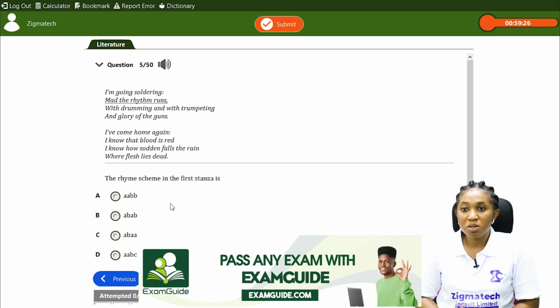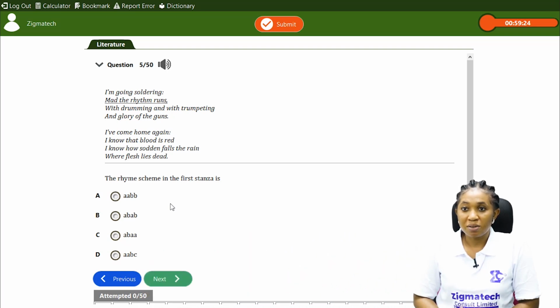It says, I'm going soldiering, mad the reading runs, with drumming and with trumpeting, and glory of the guns. What is the rhyme scheme in the first stanza? Option A says AABB. Option B says ABAB. Option C, ABAA. Option D, AABC. So let's do it together.